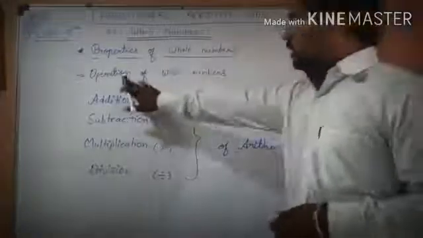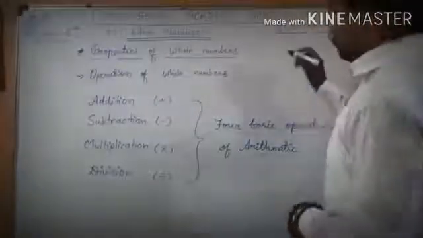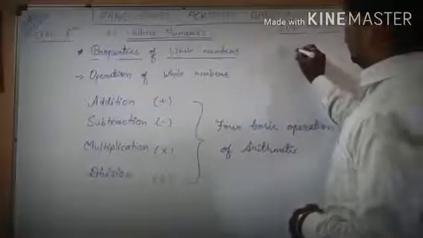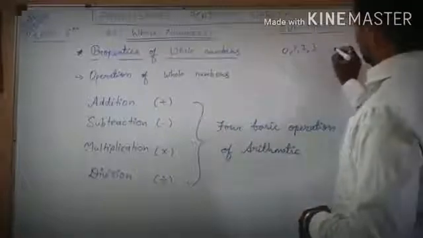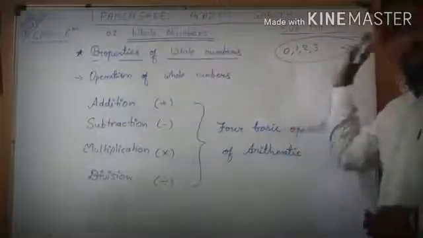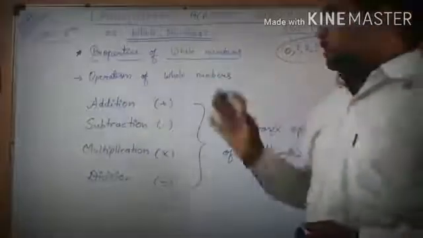First we discuss the operations of whole numbers. Again, I have to tell you what a whole number is. Whole numbers are 0, 1, 2, 3 to infinity. So from 0 to infinity, these are whole numbers.